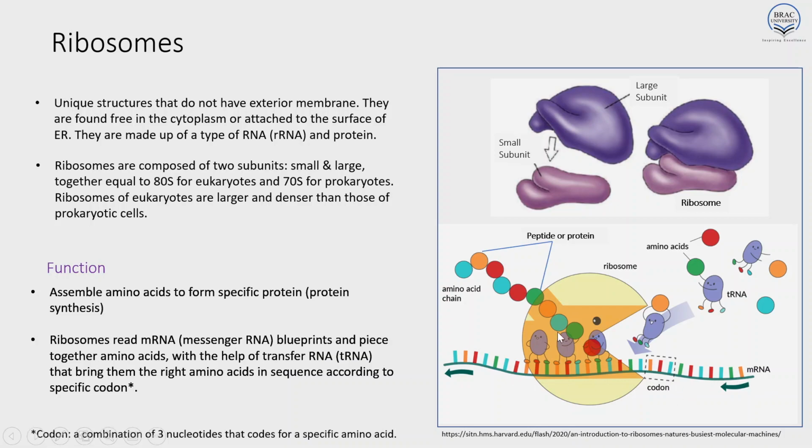So this Pac-Man ribosome reads this mRNA and pieces together amino acids with the help of transfer RNA. So these little guys bring together amino acids. Basically, transfer means they transfer amino acids. So they are called transfer RNA, tRNA, and bring the right amino acid in sequence according to the specific codon.